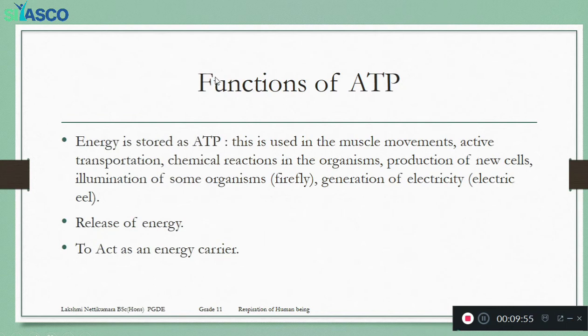Now let's see the functions of ATP. That one also you have to pay attention to. What is ATP? As I said, it is an organic molecule. Energy is stored as ATP, and this stored energy is used in muscle movement, active transportation, chemical reactions in organisms, production of new cells, etc. Another function of ATP is release of energy.